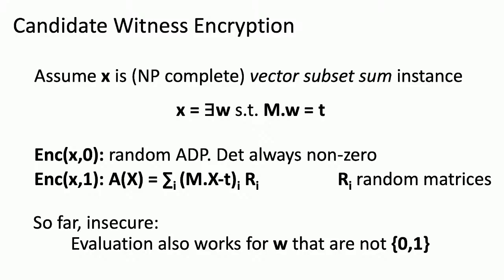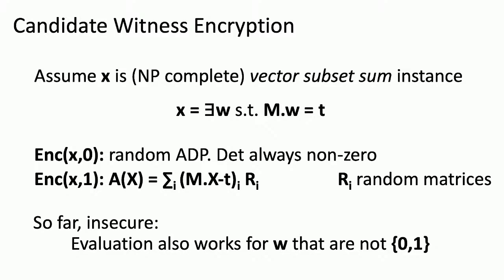So we chose the vector subset sum problem, where your instance is a matrix M and a target vector T. The statement is whether or not there is a 0,1 vector w such that M dot w equals t, and this is over the integers.